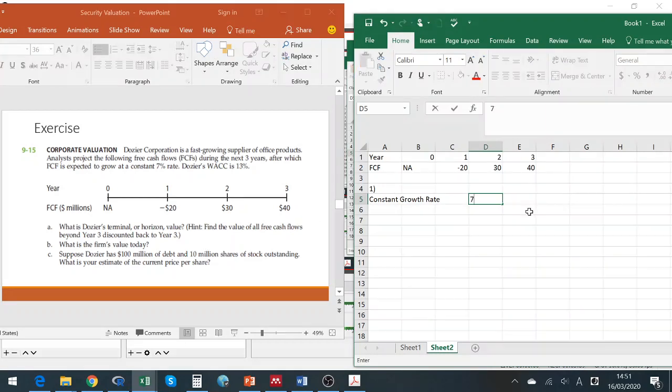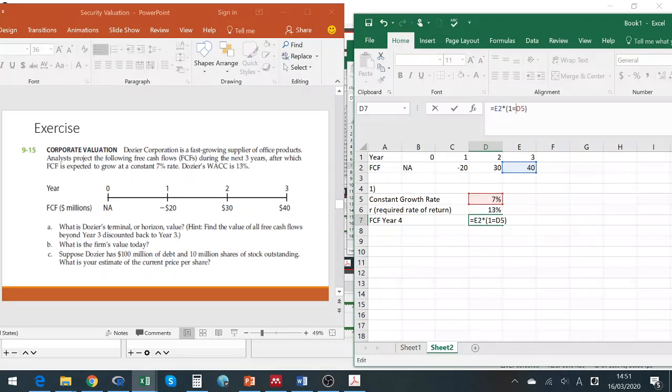The required rate of return R is equal to WACC, which is 13%. Then free cash flow for year 4: remember, it's the cash flow for year 3 times (1 plus g), where g is the constant rate.